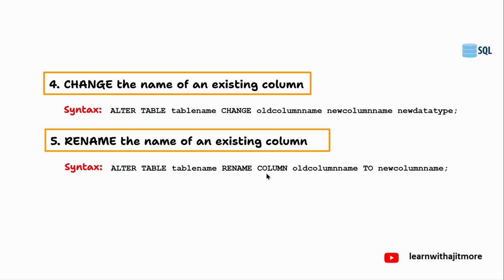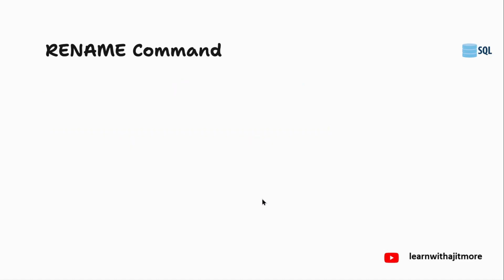What do you want to rename? Column. Therefore, you give the old column name to the new column name. Please remember, using the rename command, we can rename a table also, and therefore this second keyword is compulsory. You are telling what is getting renamed. Understood? So what are you renaming? Column. Therefore, column is mentioned.